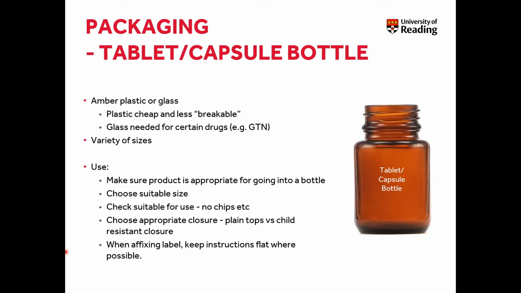So for those with manual dexterity issues, for example if someone has rheumatoid arthritis, you may need to consider using a wing top or a plain lid, which is easier to open. When you're putting the label on the bottle, you want to try and keep the instructions flat so it makes it easier for the patients to read. So try and put it flat on the face of the bottle.